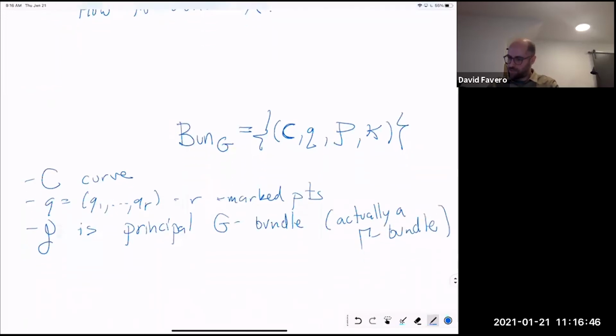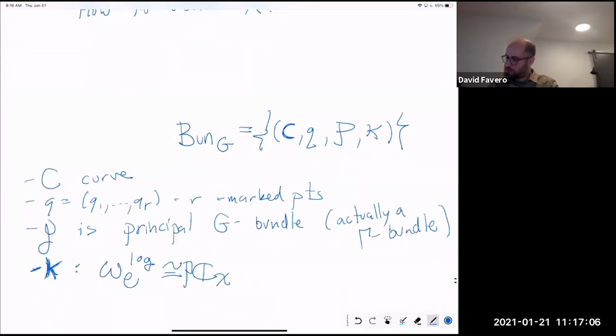It's an isomorphism from omega_C log to the bundle associated to the character chi.